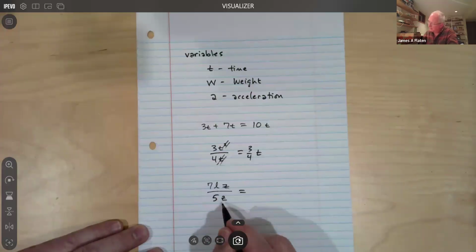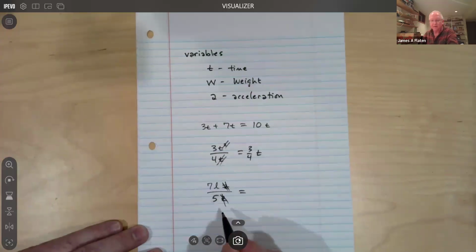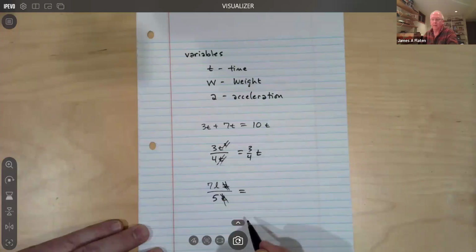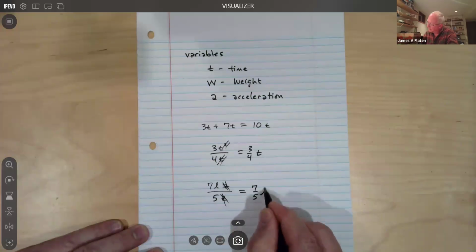Well, I notice there's a Z in the top and a Z in the bottom, so I can cancel it. I like to do that explicitly. I like to write down the variable and then strike it through, possibly with strikes to the left or strikes to the right or triple strikes or double strikes, so I can be clear on what exactly canceled with what. And I end up here with 7/5 L.